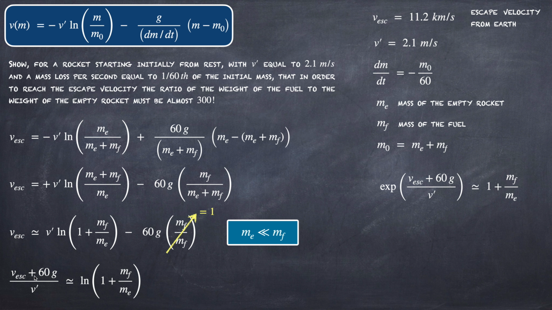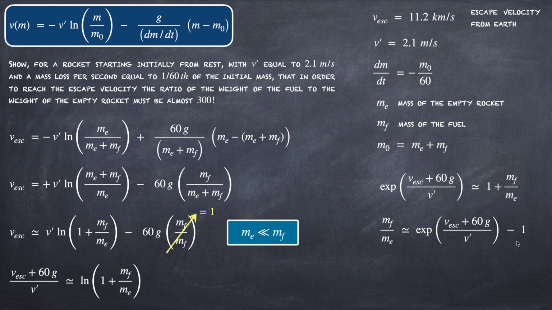And calculating the exponential on both sides, we will get the exponential of this term approximately equal to 1 plus mf over me. And of course, mf over me is approximately equal to this exponential subtracted by 1.